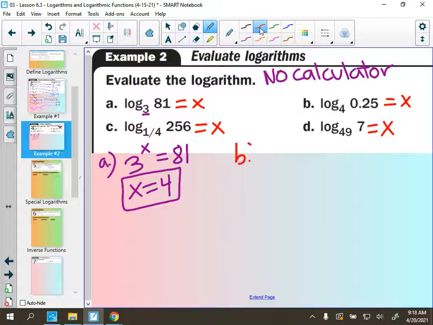Change forms here. Log base 4 of 0.25 equals x. Yikes. Change forms: 4 to the x power equals 0.25. Now that's kind of tough, there is a decimal involved. 4 to some power gets us smaller, to 0.25. This might be one, just for the sake of seeing it.